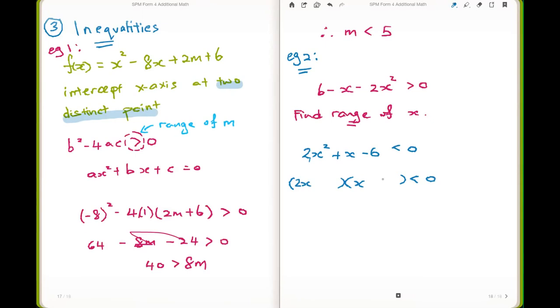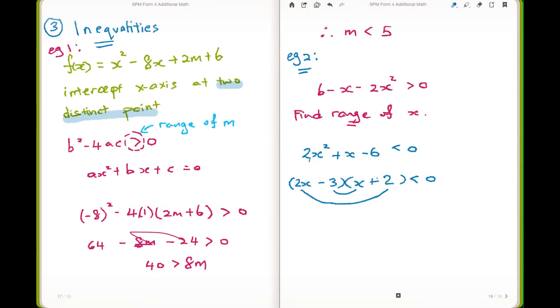Then 3 and 2, that will be 3 here, 2 here. This is positive, so I would say plus 2, minus 3, plus 4. 4 minus 3 is 1, so you get this.